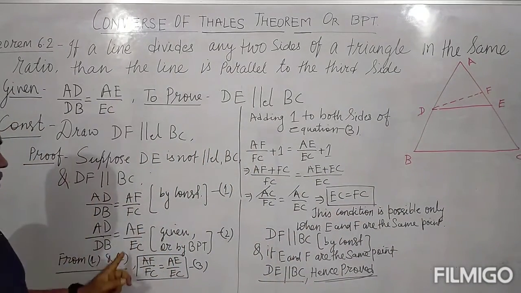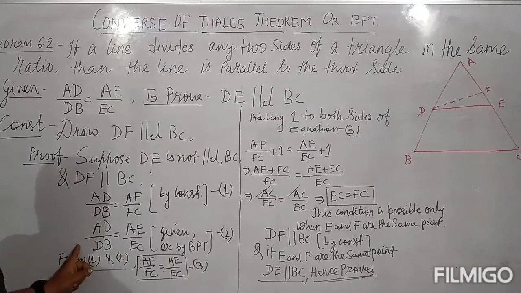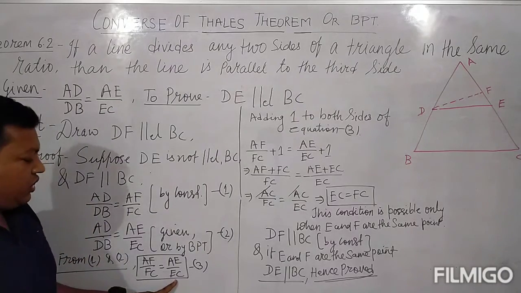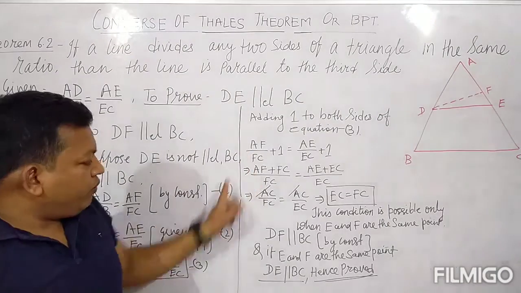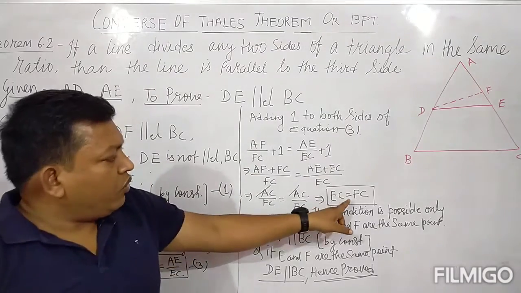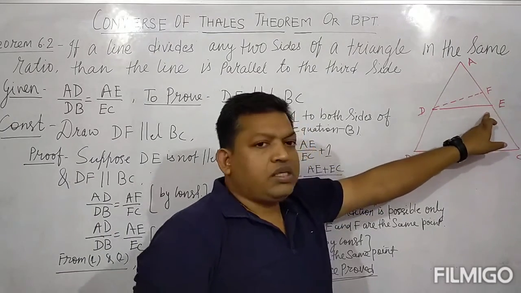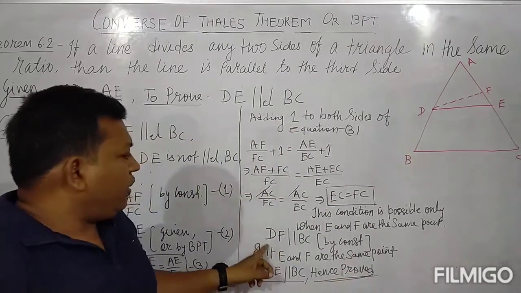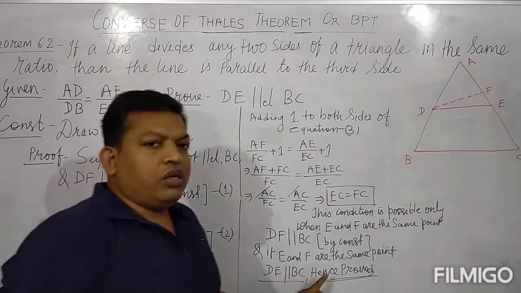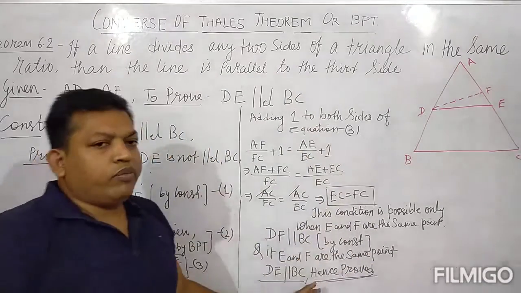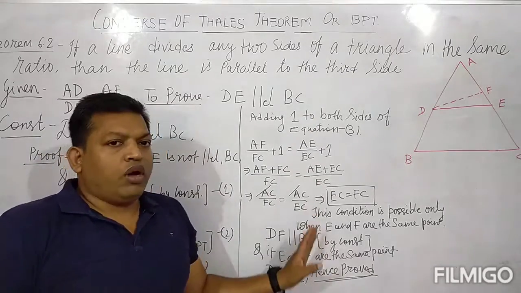Also a relation is given, we used both the relations and we have found another relation, and by proceeding this we have found that these 2 points are equal, that is E and F are the same point. So if DF parallel to BC, then DE must be parallel to BC. So this is how we have proved this theorem. Hope you have got this.